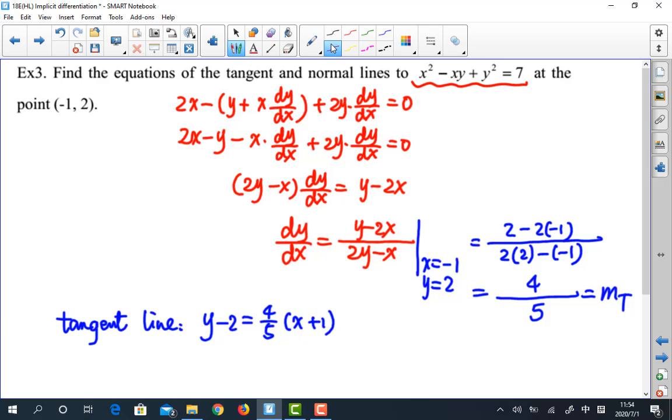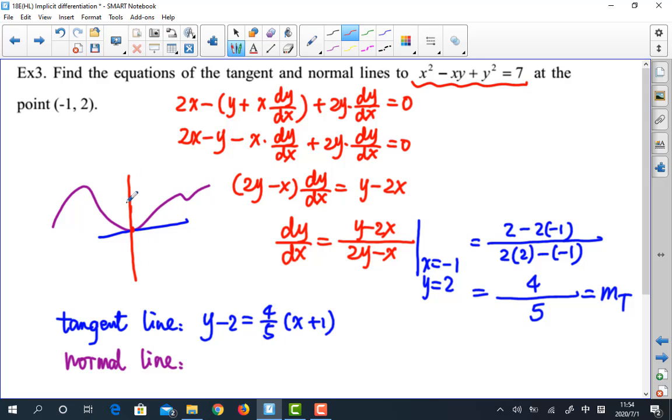What is the normal line? We did not introduce the normal line yet, but I can give you a heads up. We will introduce the normal line in the next unit. So once you have a tangent line for any curve, the normal line is the line which is perpendicular to the tangent line and passes through the point of tangency. So the blue one is the tangent.